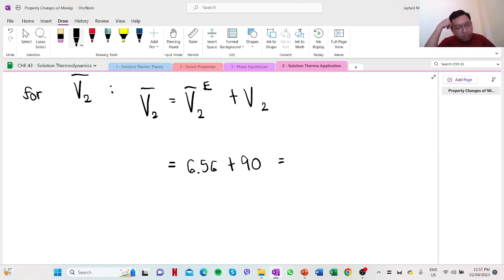So that will be 96.56 cm cubed per mole.